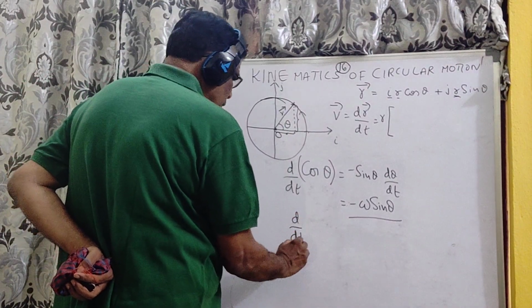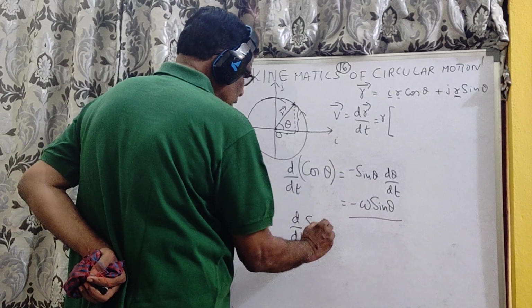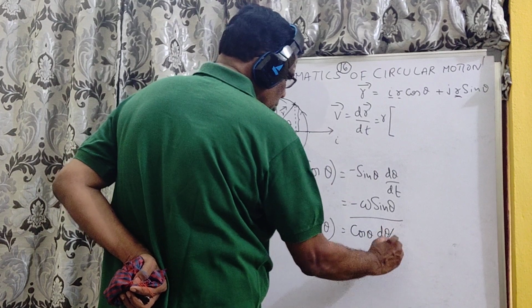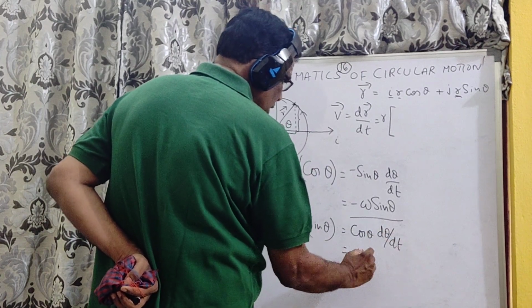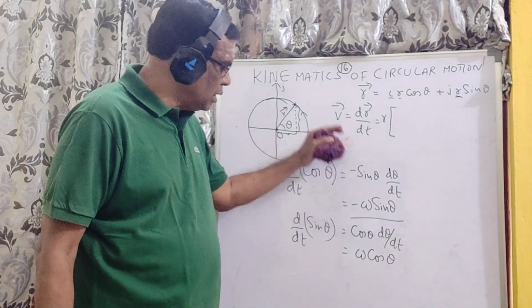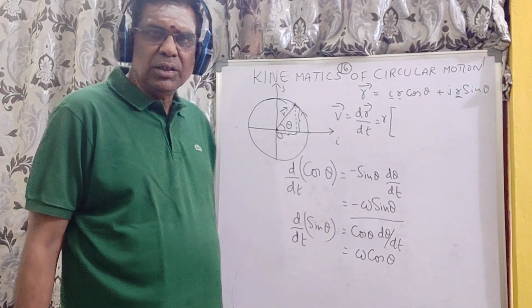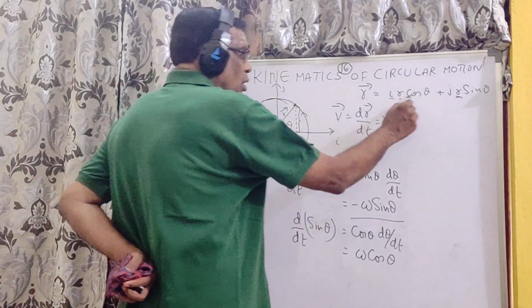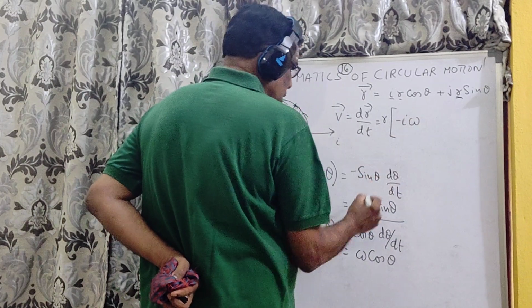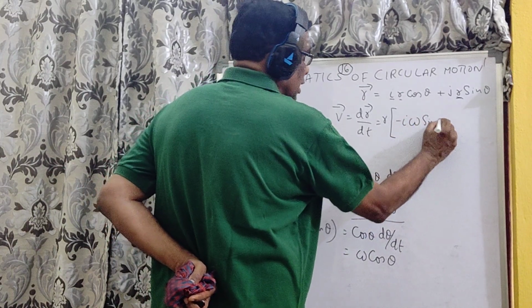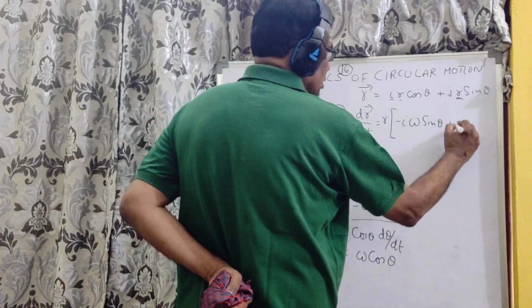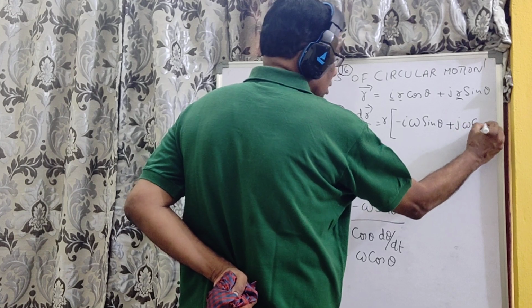Similarly, d by dt of sine theta is cos theta d theta by dt, which is omega cos theta. A standard thing that we will be using everywhere, so be careful about this. So i cos theta gives minus i omega sin theta, plus j sin theta gives j omega cos theta.